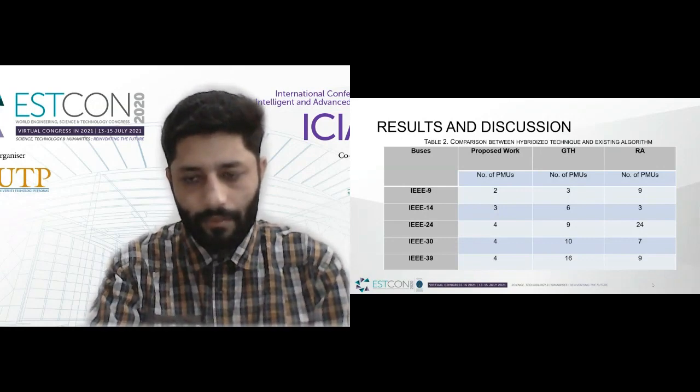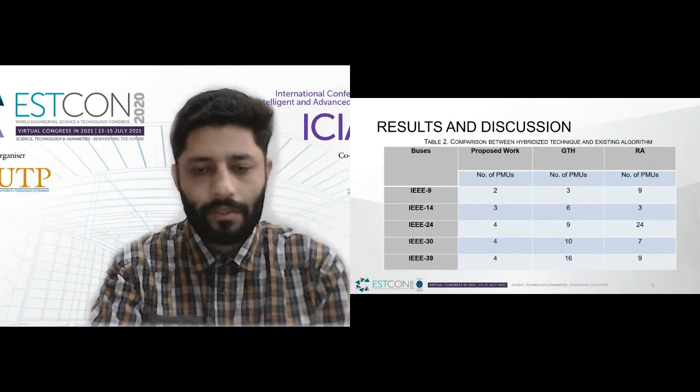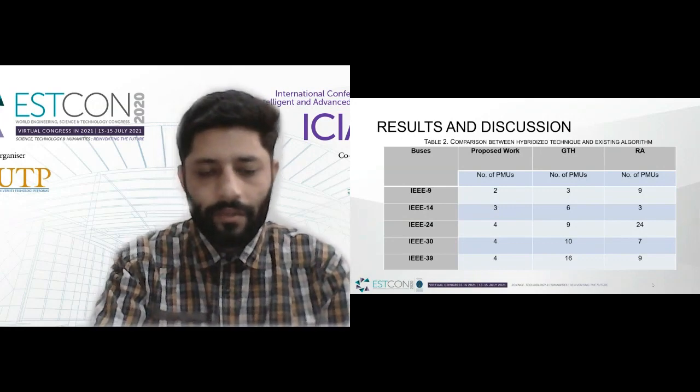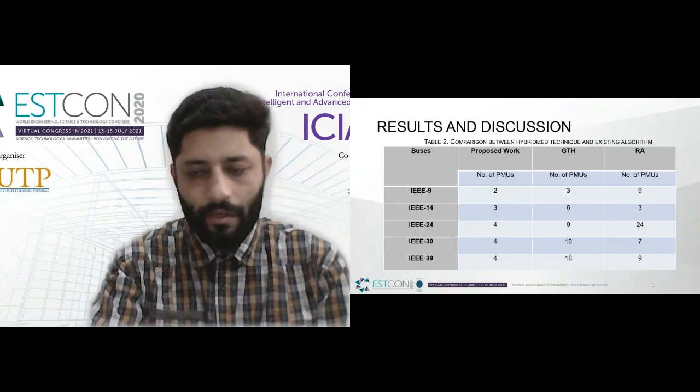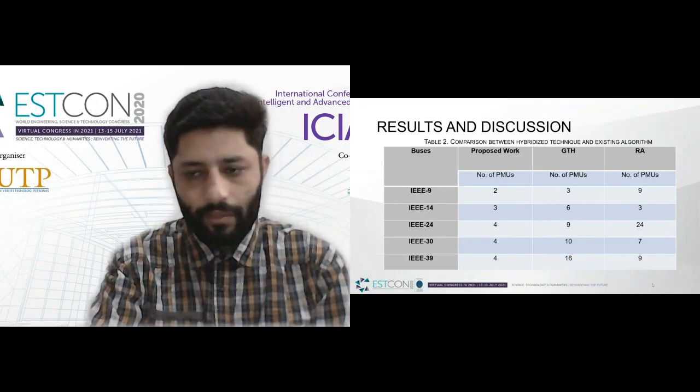The number of PMUs we can see is very much less, even in the small network. And in the graph technique and recursive algorithm, even for a smaller network, a large number of PMUs are taken in their optimal placement results. So this shows the inaccuracy in their performance.